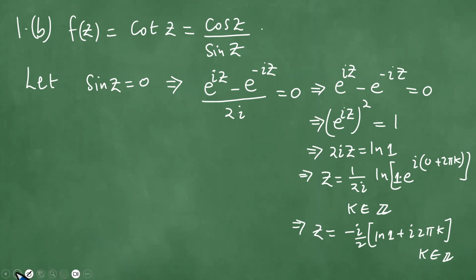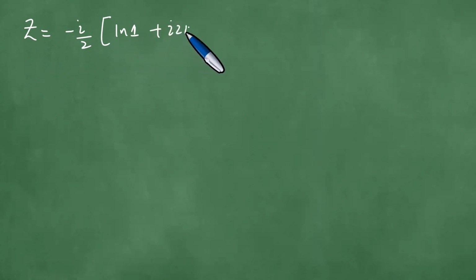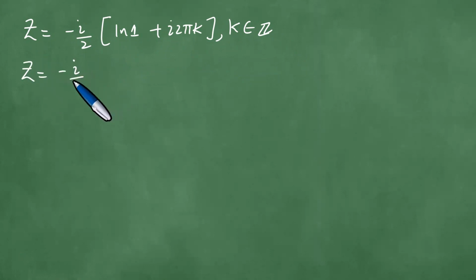So we proceed to simplify these. So that is minus i over 2 into the ln of 1 plus i 2 pi k, k in Z. All right, so this is the same as what?